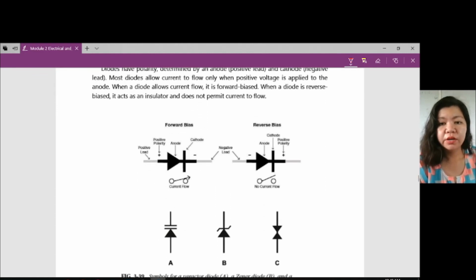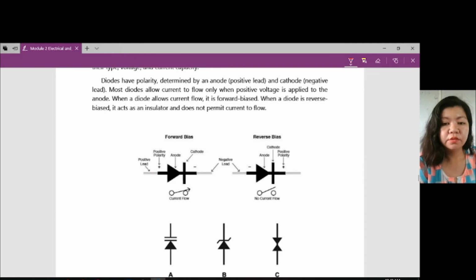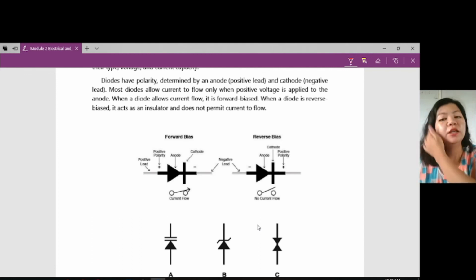So, these are some types of diodes. Now, diodes have polarity. So, positive yung lead, tapos yung cathode, yung sa may end yung tinuro natin kanina, the negative lead. Now, most diodes allow current to flow only when positive voltage is applied.